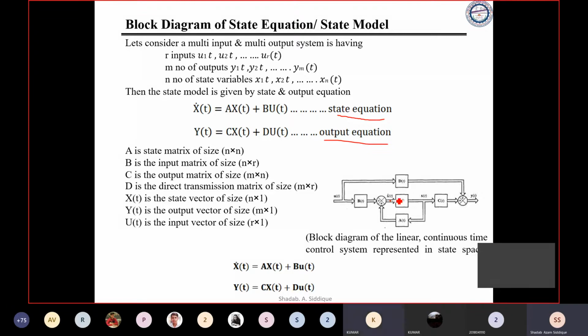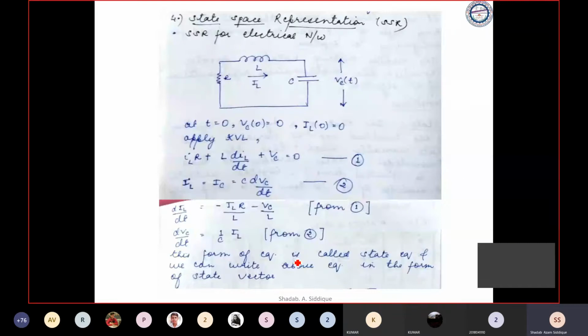Now we were trying to see a simple electrical network having RLC components, and we assumed there is no initial voltage and no initial current in the storing elements.